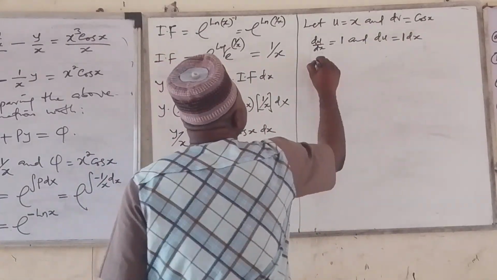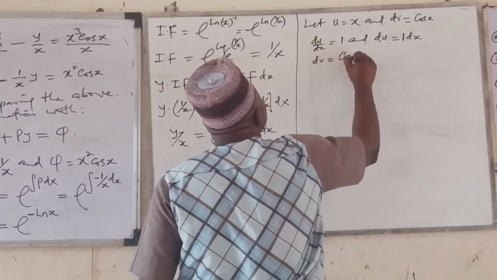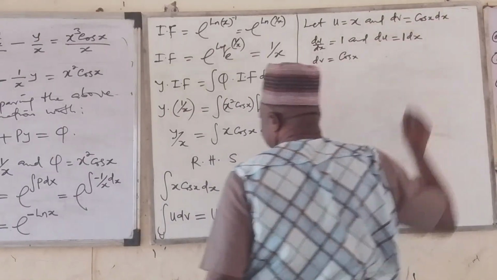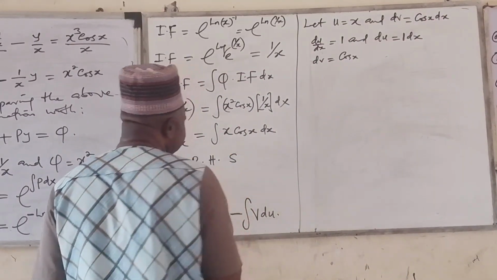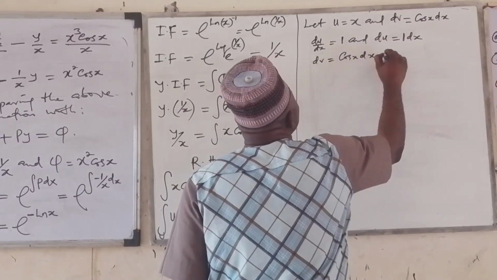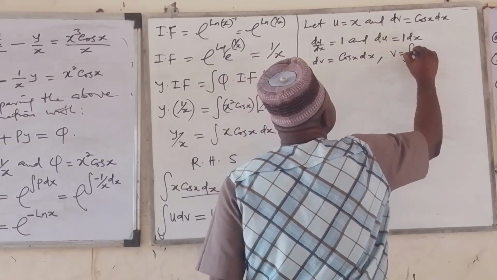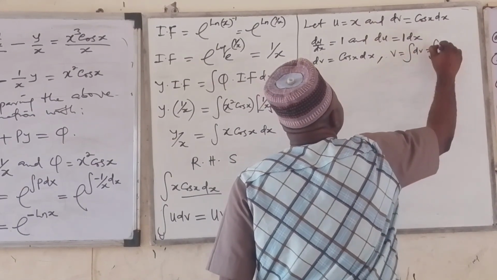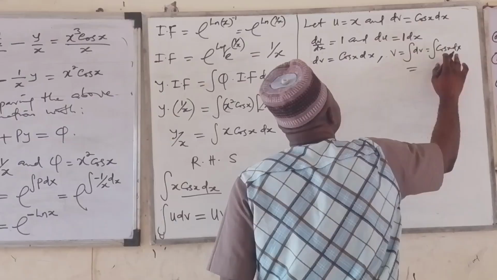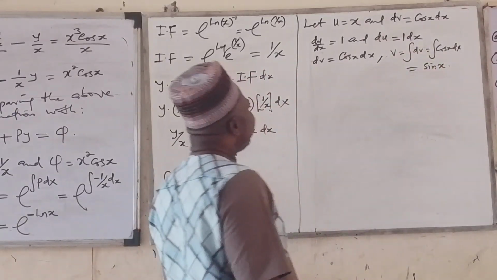Now, if dv is equal to cos x dx, it means that v will be equal to integral dv, which is integral cos x dx. And when you integrate cos x, it gives sine x.